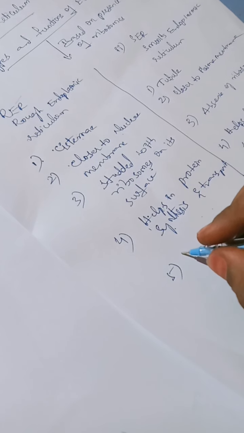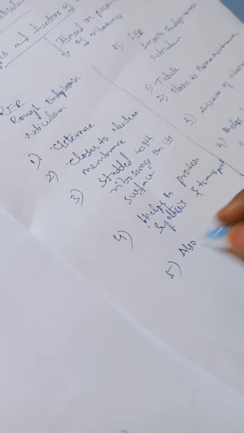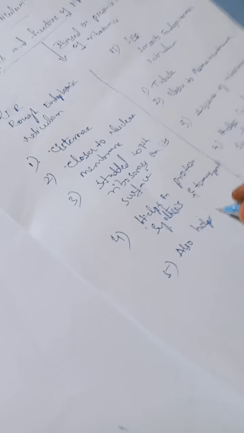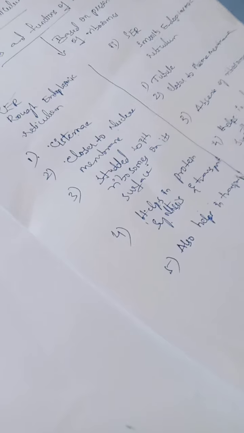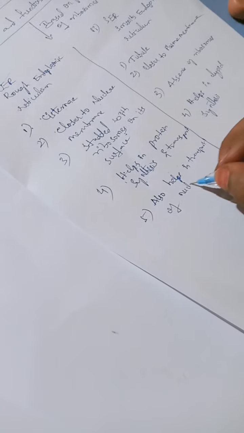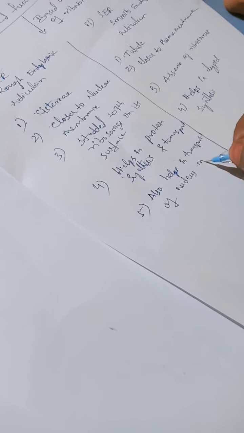So rough endoplasmic reticulum also helps in transport of nuclear matter, whatever important substance is present in the nucleus.